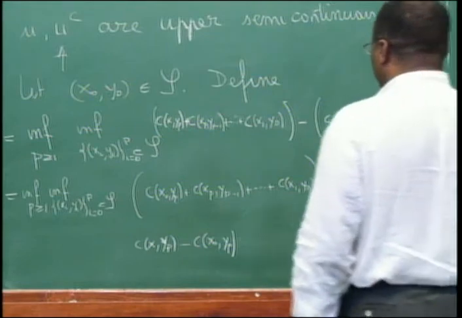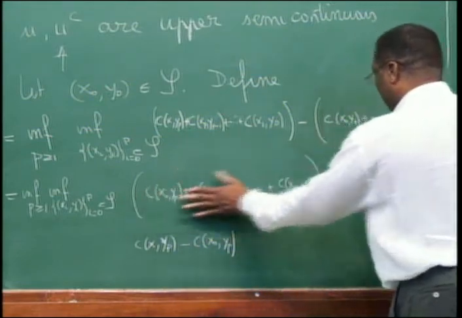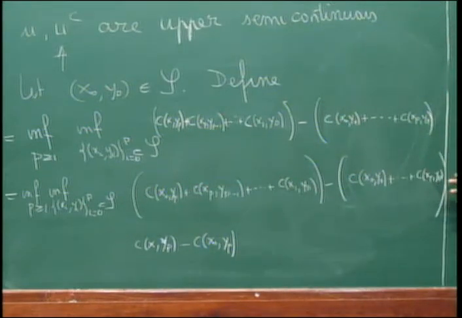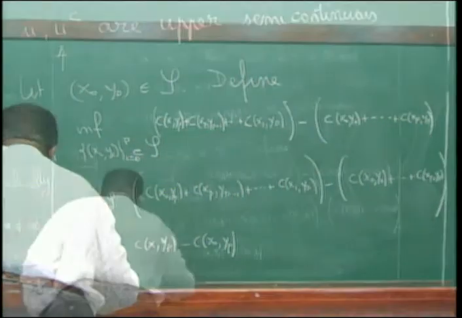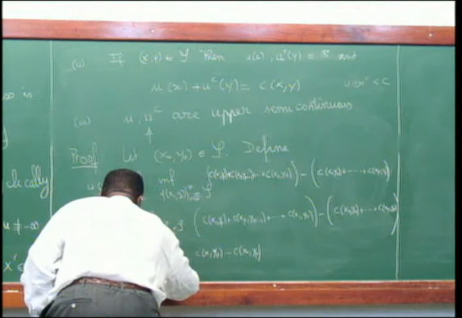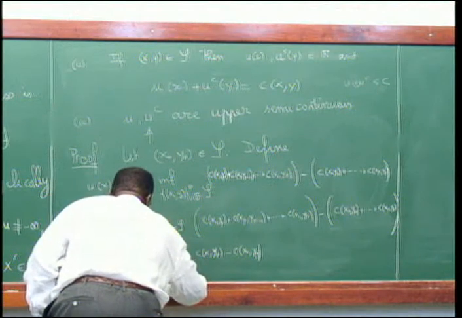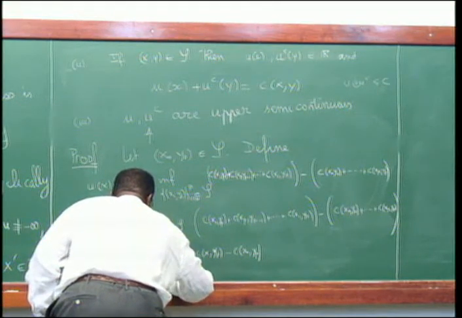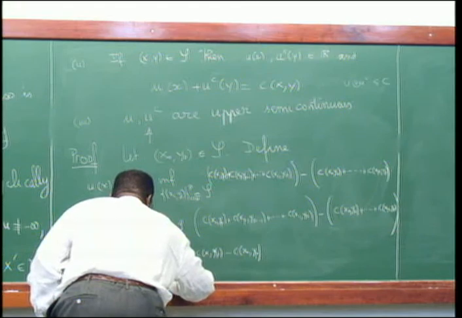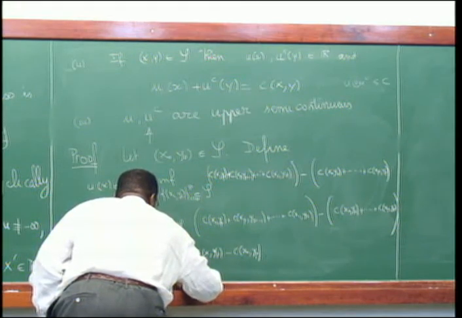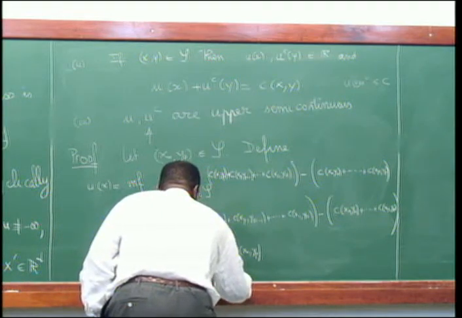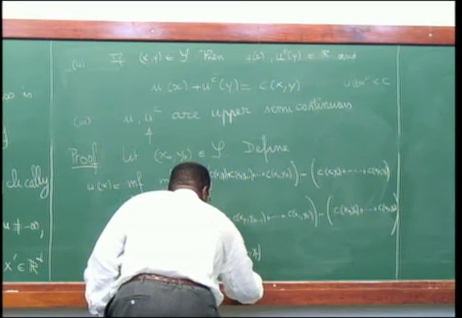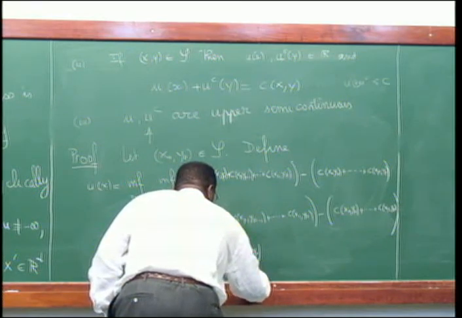The fact that S is cyclically monotone says that this is bigger than that. So that is bigger than the infimum over P greater than 1, the infimum over xi, yi, i from 0 to P, of C x yp minus C x naught yp.